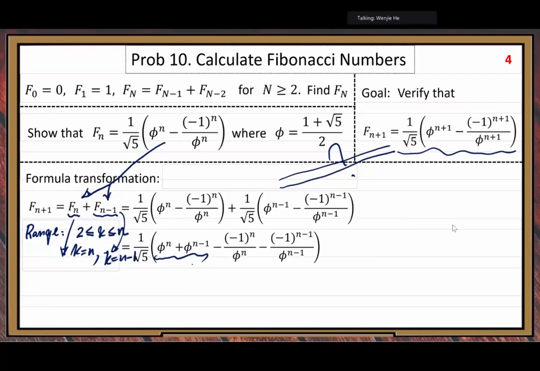When we do comparison, first, 1 over root 5 we can ignore, because both sides have 1 over root 5. Let's only compare the content inside parentheses.